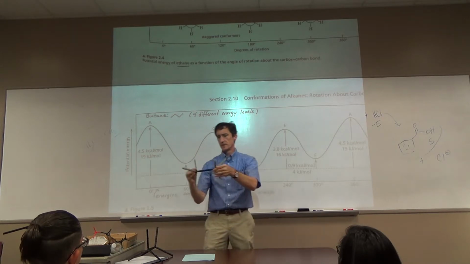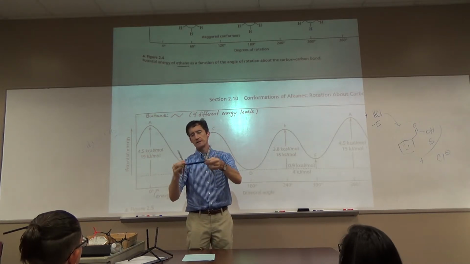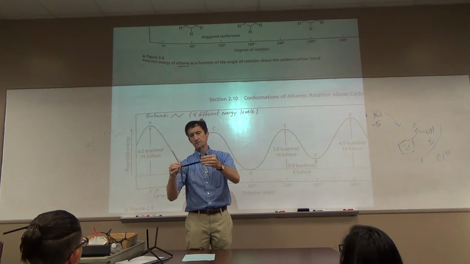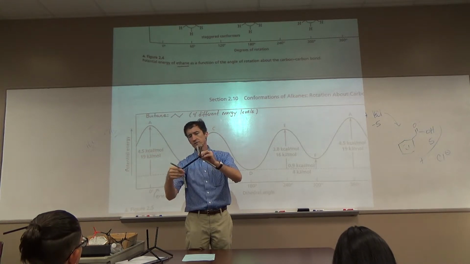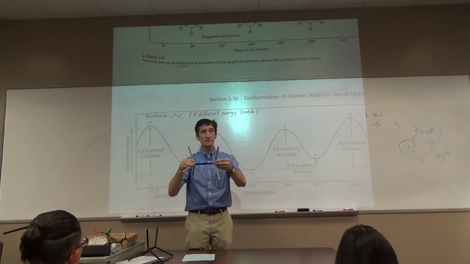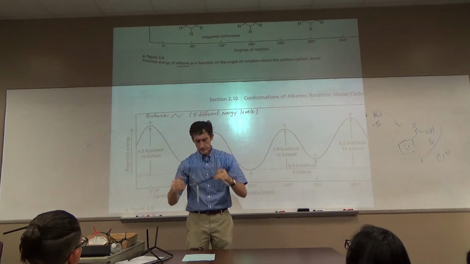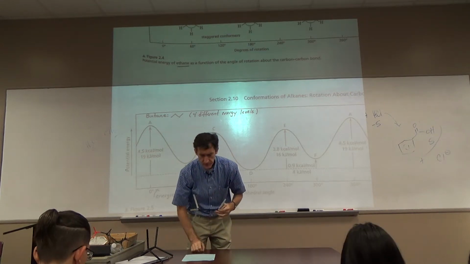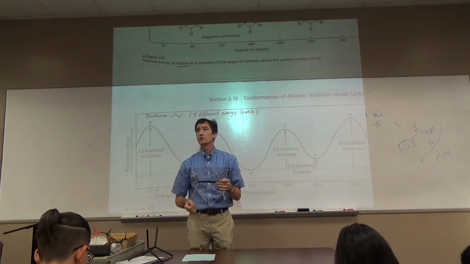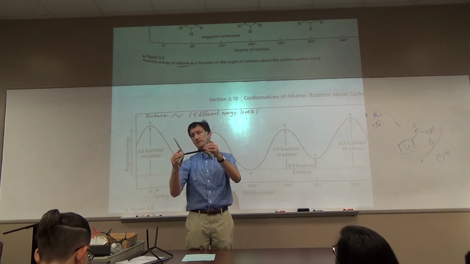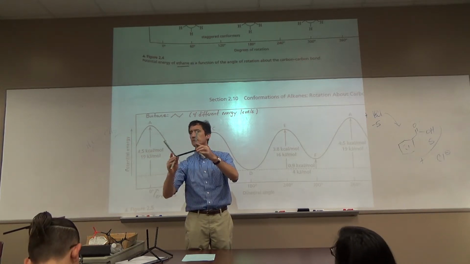Now, since it can rotate, what we need to be able to assess is, what's going to be the preferred conformation? A conformation is, what's the definition? Well, the definition is at the top of the blue page. You can read it. Conformation is basically the relative positioning of groups to each other.